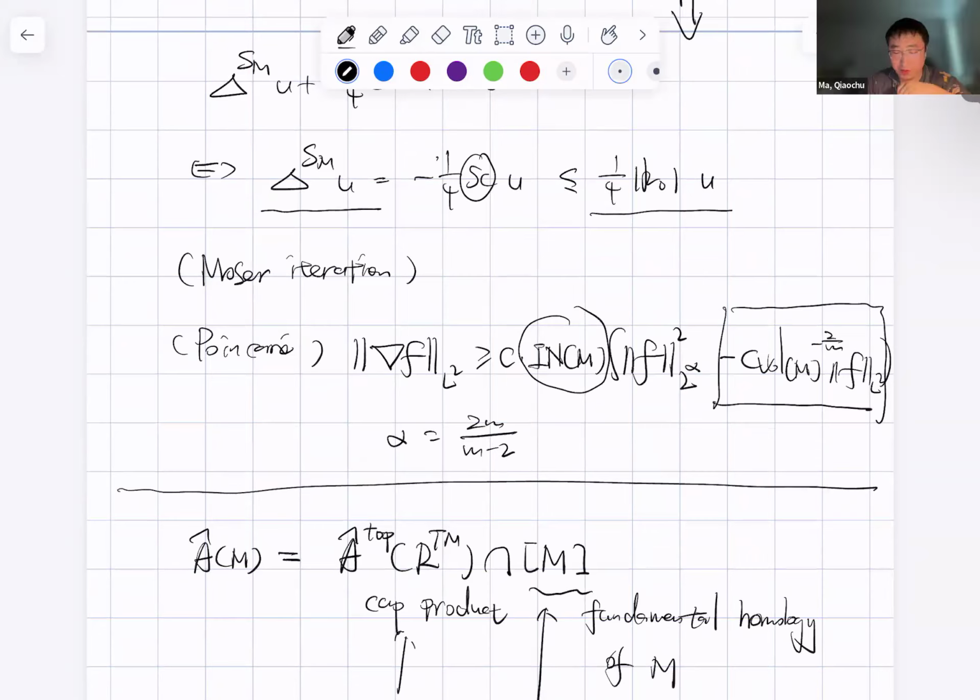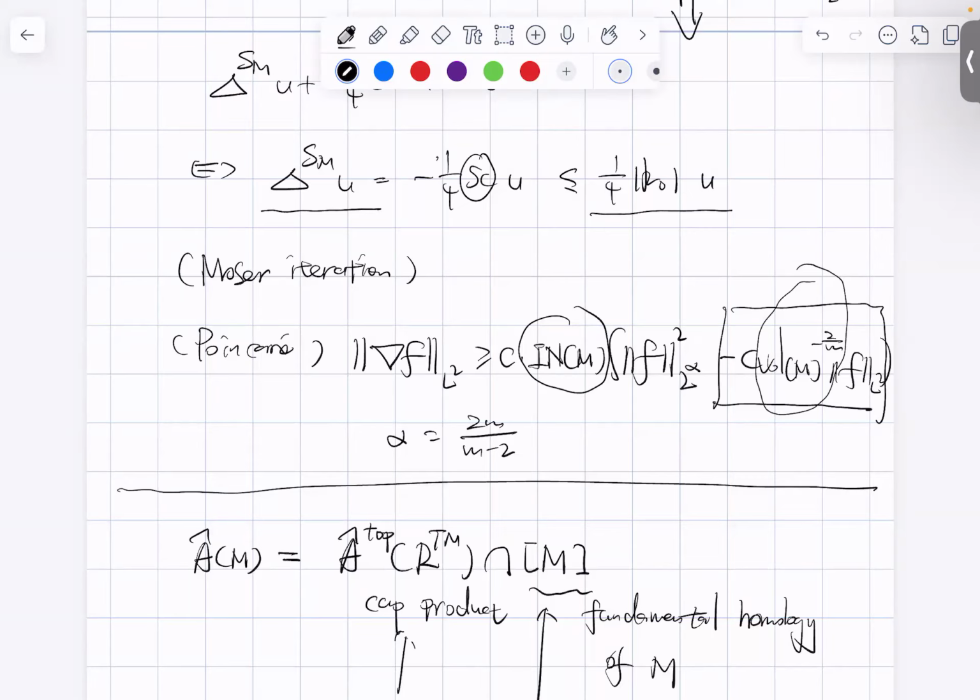Here we have a volume to a negative degree. So we run the Moser iteration procedure, and finally you take the integration over the manifold, which cancels out with this volume term, and you get an extra constant +1.